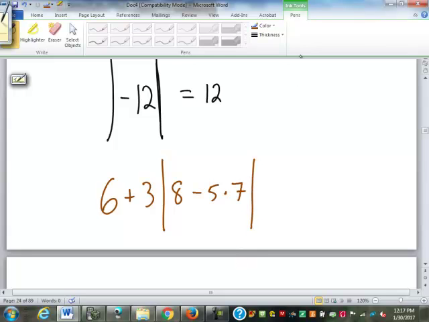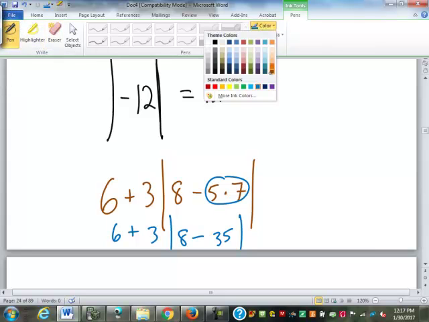We could have something like this. So that absolute value symbol acts just like a parentheses. We have to do everything inside there first. So we'll do the 5 times 7 is 35. Oops, that's a 3 and an 8.